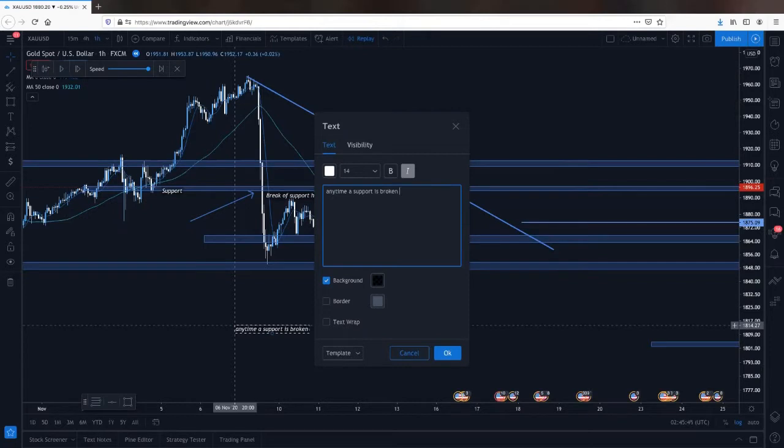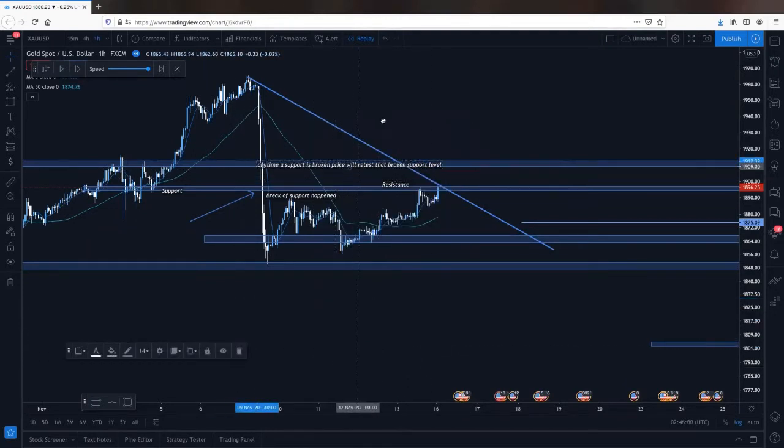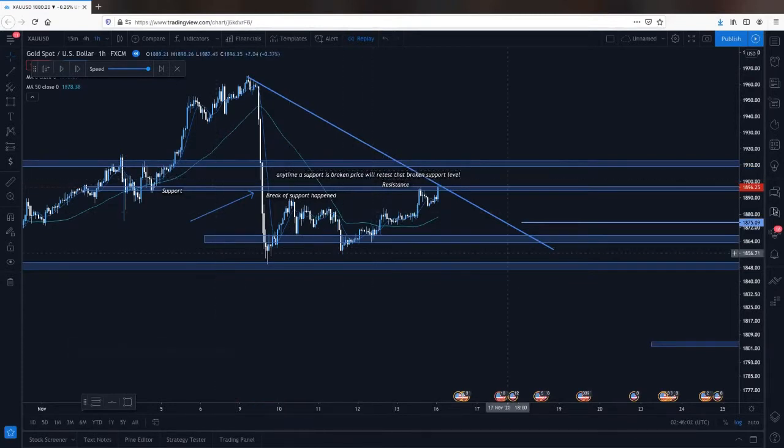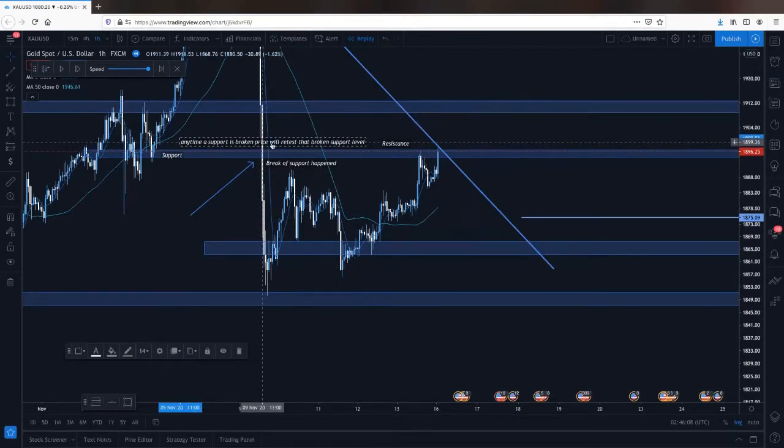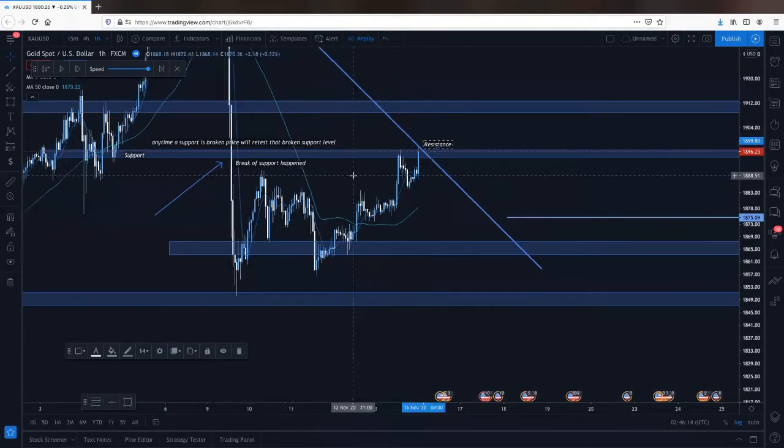Anytime a support is broken, price will retest that broken support level, which is now resistance on this side of the table.